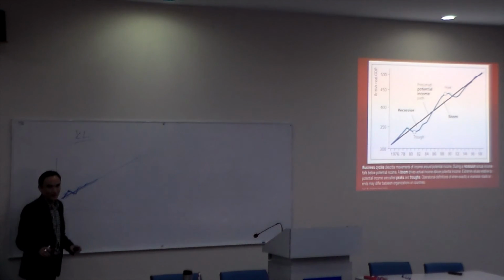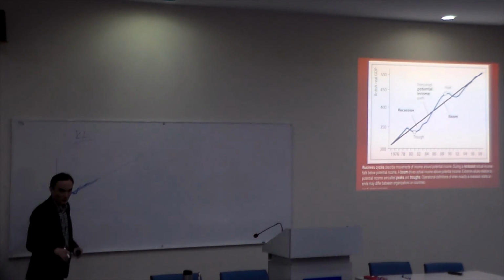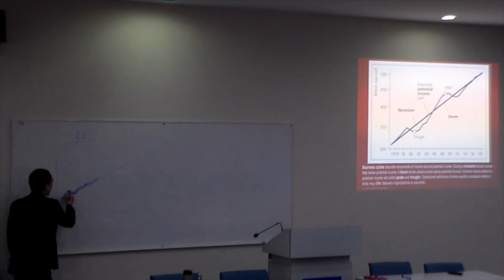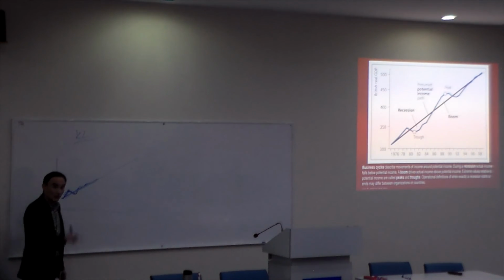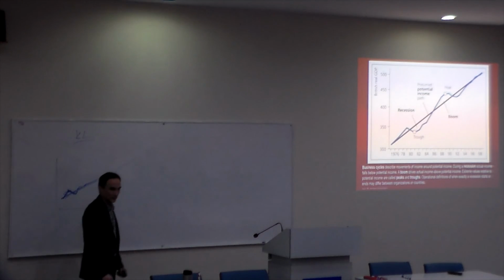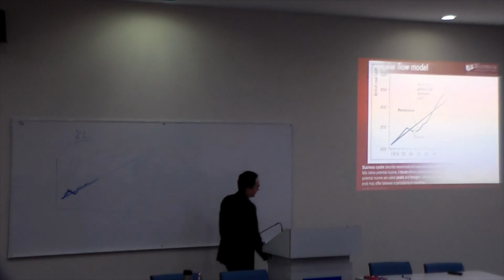Both cases are not good, because usually when the economy reaches that boom, it also leads to recession. This decline in the economy leads to recession. It continues going down. Good.